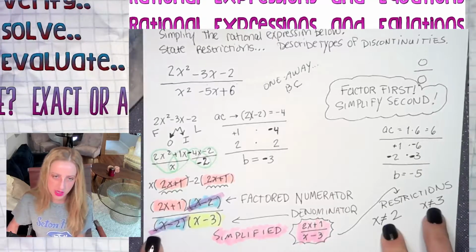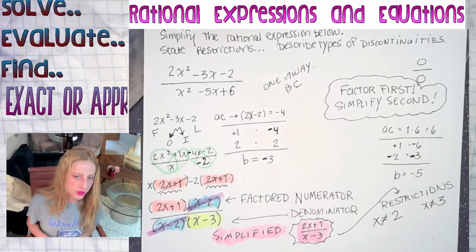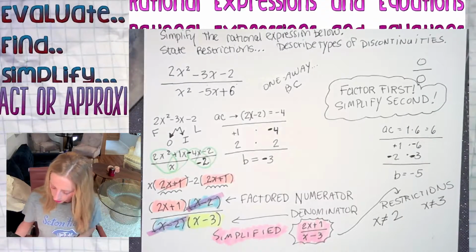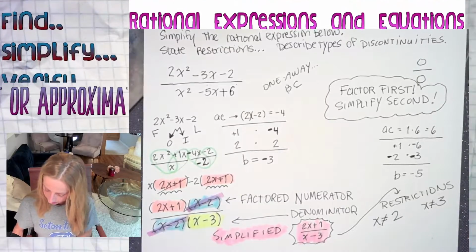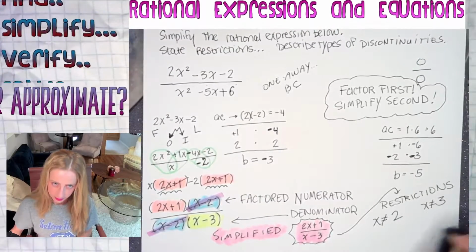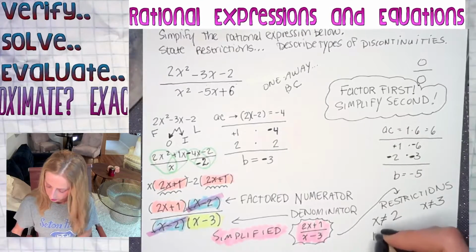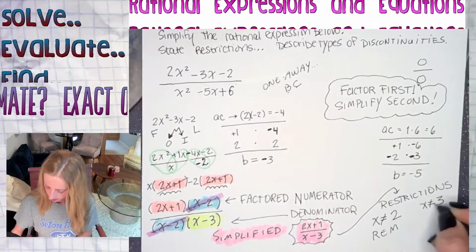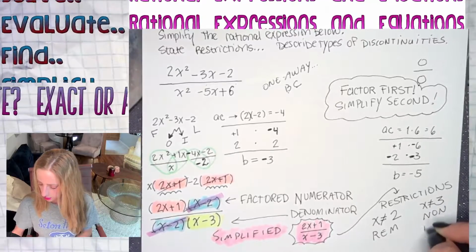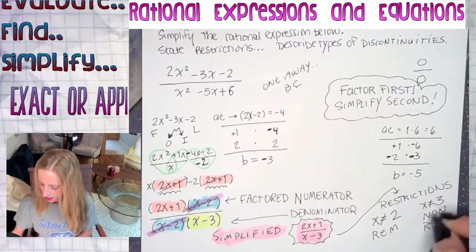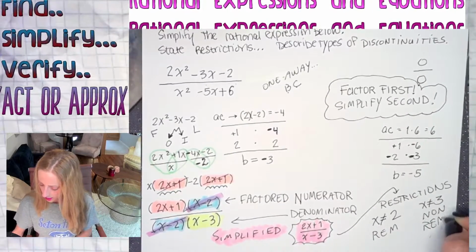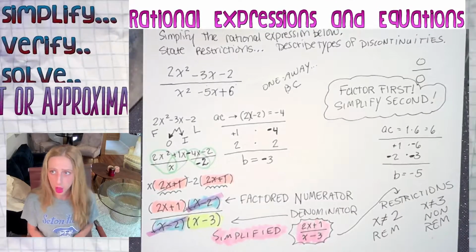Good. 2 restrictions. Which one's removable and which one's non-removable? The x equals 2 is removable. And the 3 is not removable. Good. So I'm just going to abbreviate it a bit, but we got removable, REM, and non-removable, non-REM.